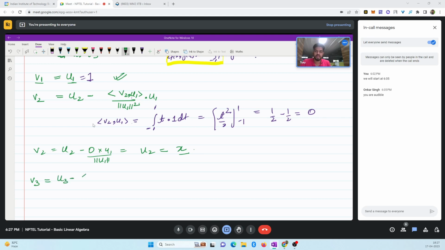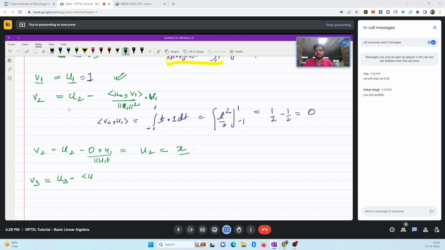So now V3 is U3 minus the projection of U3 on V1. Here I have made a slight mistake. Here I should write U3 on V1, and this should be V1. But the calculation remains the same. That is just a notational mistake.